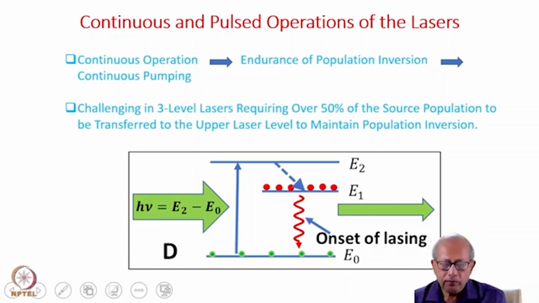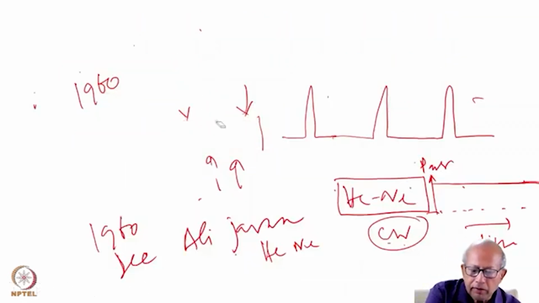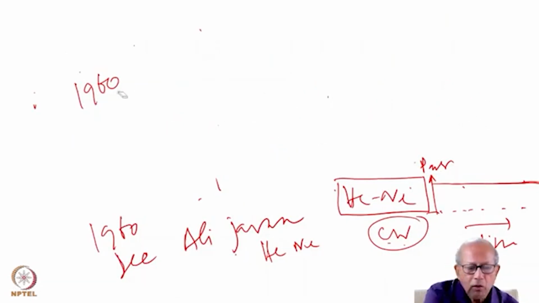As you know, in a laser whose operation is based on a three-level energy scheme, initially the entire population resides in the ground level, or the level with the lowest energy.